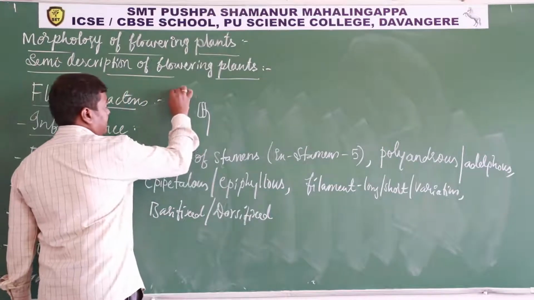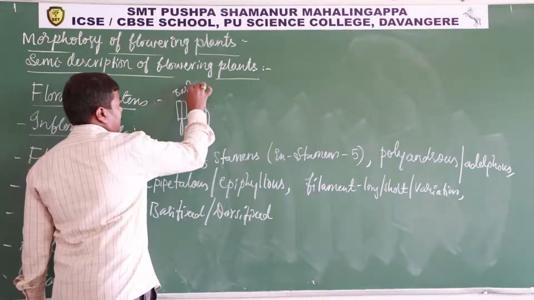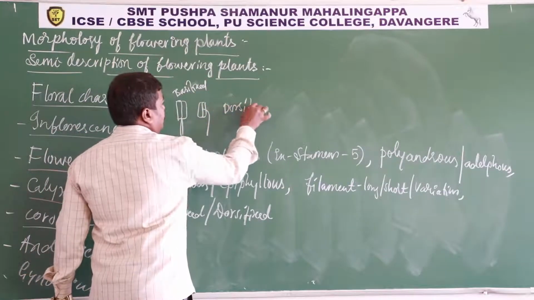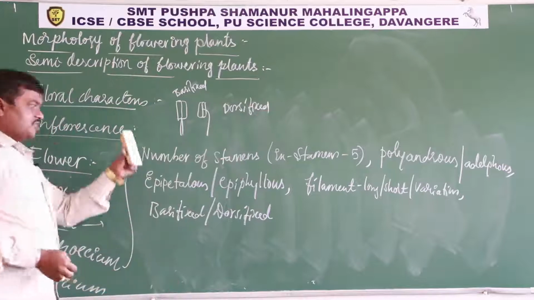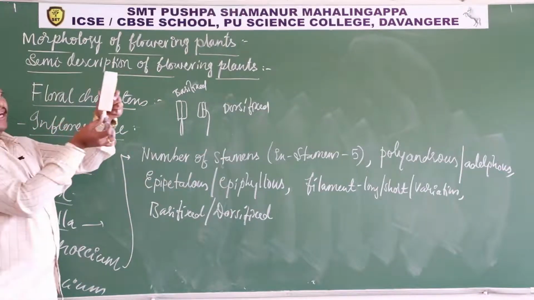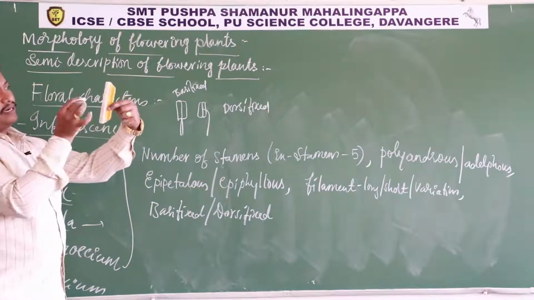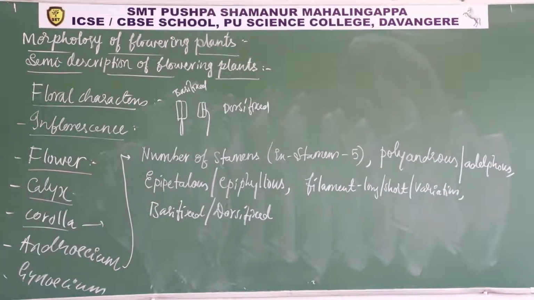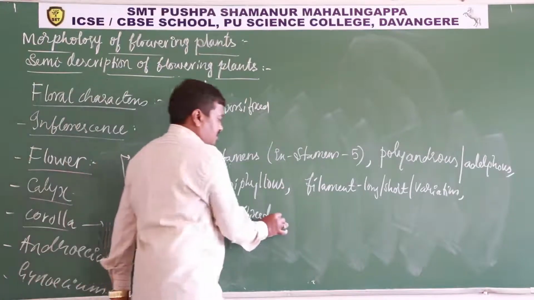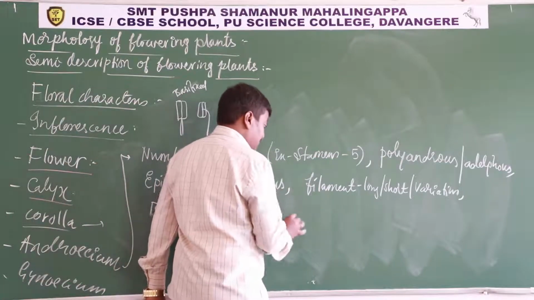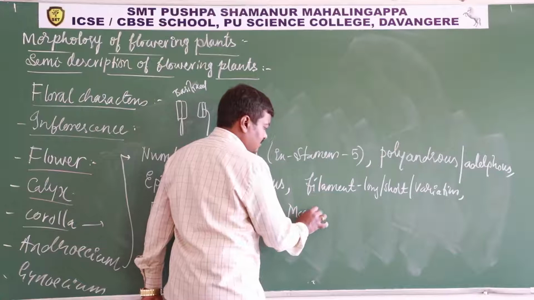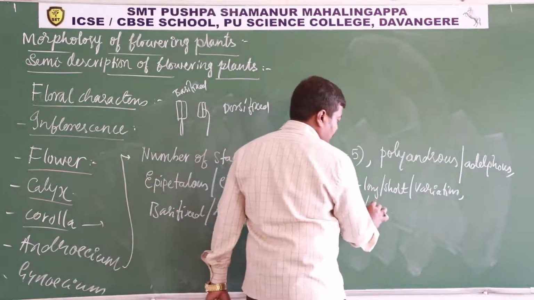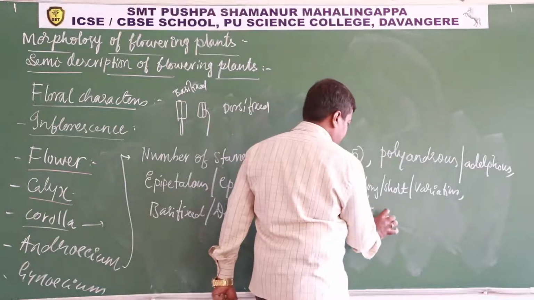This is basifixed and this is dorsifixed. That is, if the filament is attached at the base of the anther, it is basifixed; if it is attached at the side, it is called dorsifixed. That should be mentioned. Then you need to mention what kind of anther it is, whether it is monothecous or dithecous.